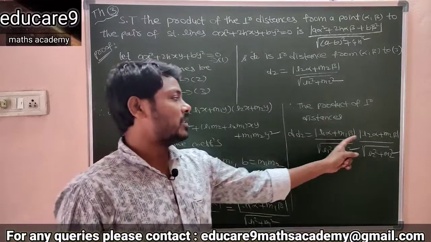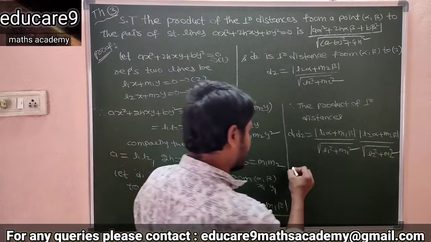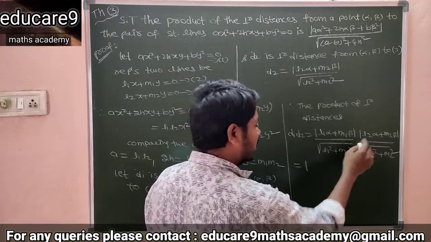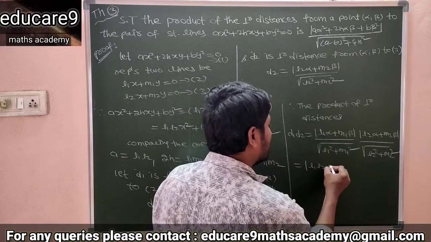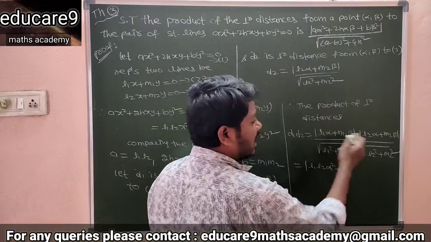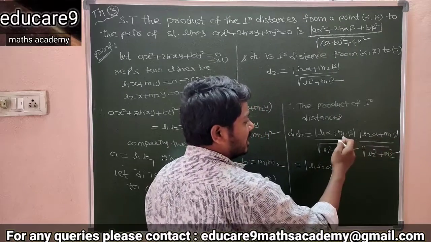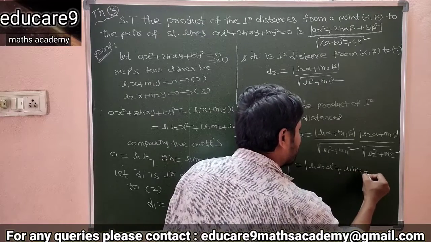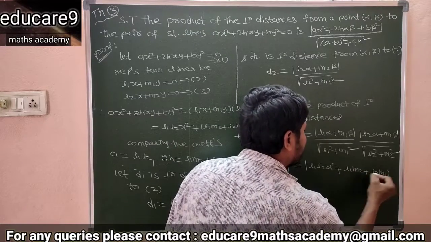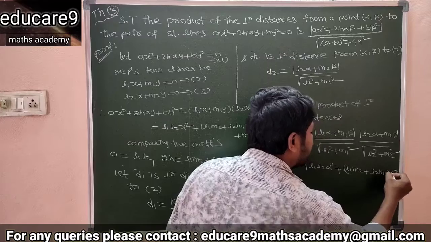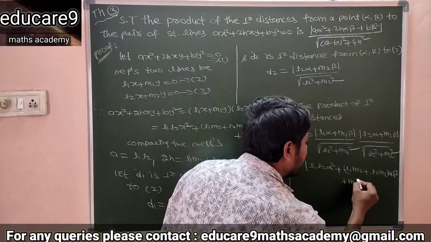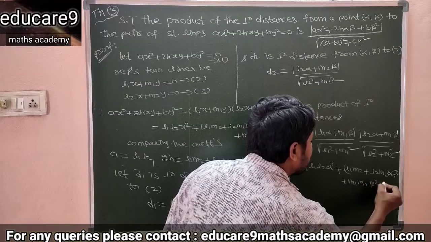Now multiplying these two, see what you get. First into first: L1 L2 alpha square, plus L1 M2 alpha beta, next M1 L2 alpha beta, that is (L1 M2 plus L2 M1) alpha beta. Next, the last one, M1 M2 beta square.